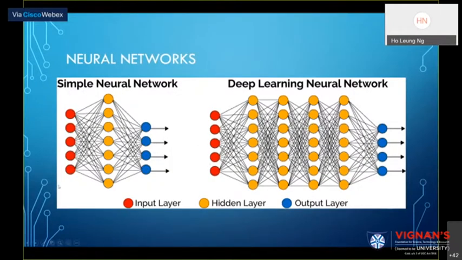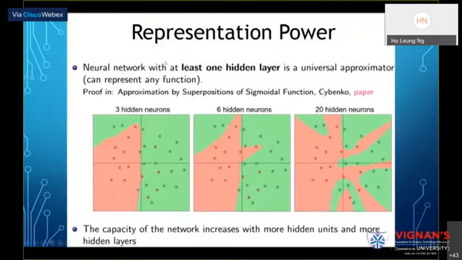Neural networks have been used for computing for decades, but it is only relatively recently that we have developed deep learning neural networks and have learned how to use them in a way that is useful. The power of deep learning neural networks comes from their ability to act as something called a universal approximator.